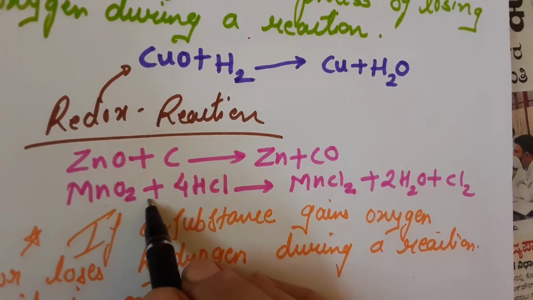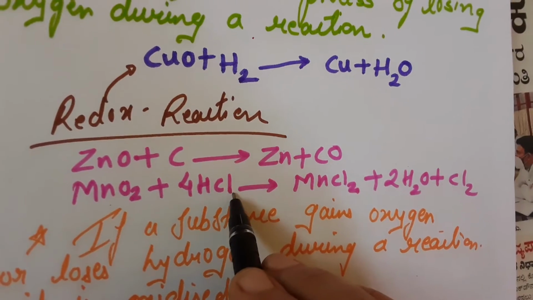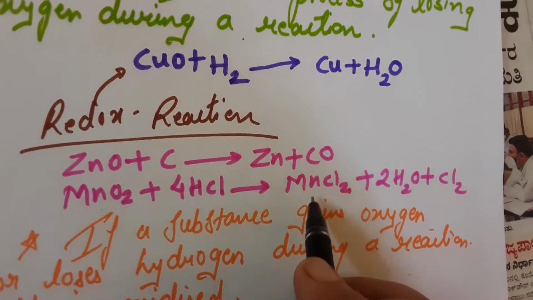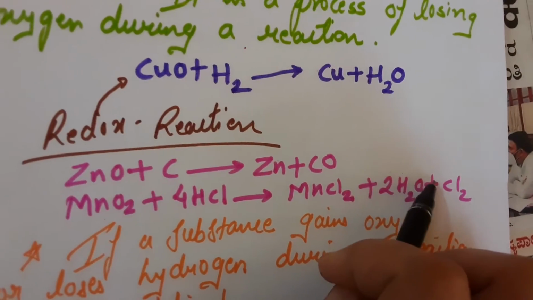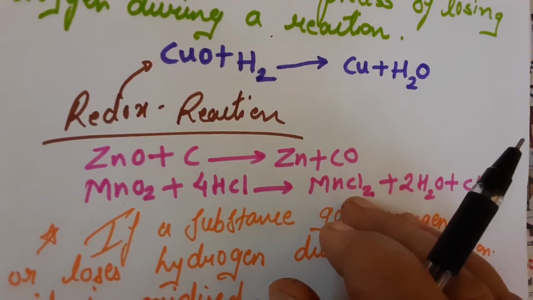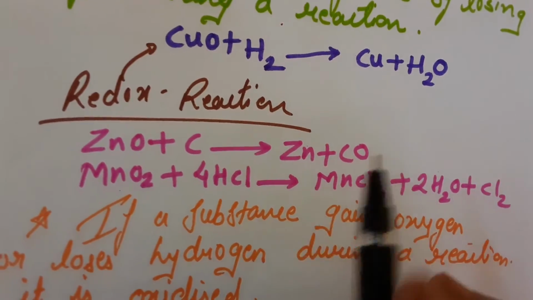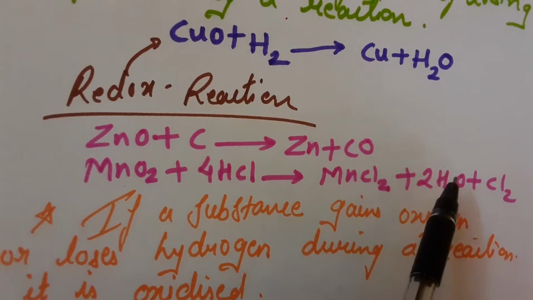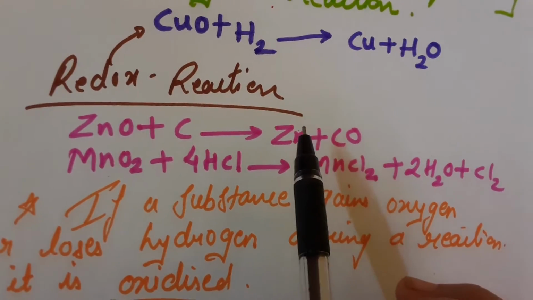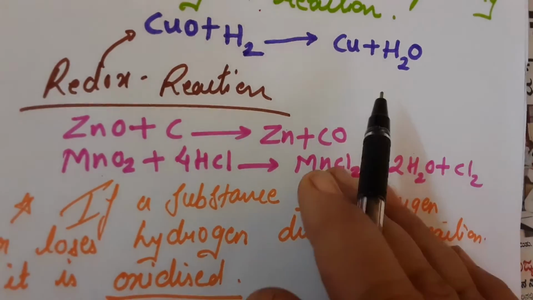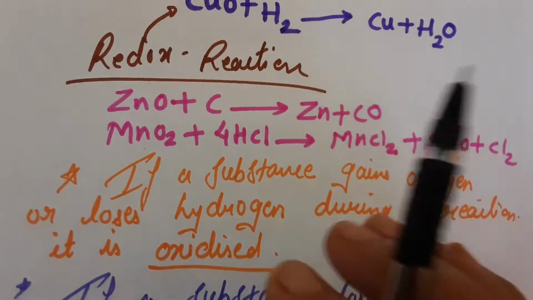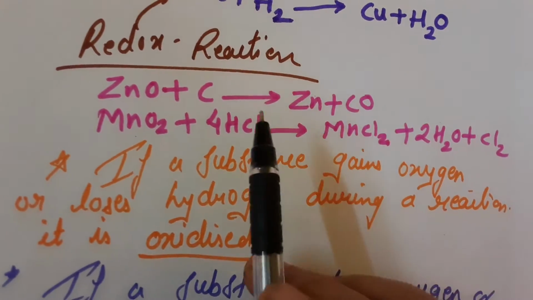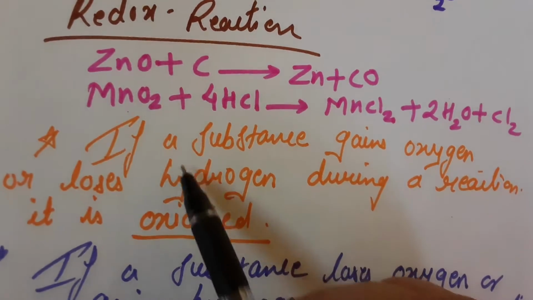So manganese dioxide when it reacts with hydrochloric acid gives MnCl2, water and Cl2. Basically here oxidation and reduction, two types of reactions, take place. So this is known as a redox reaction.